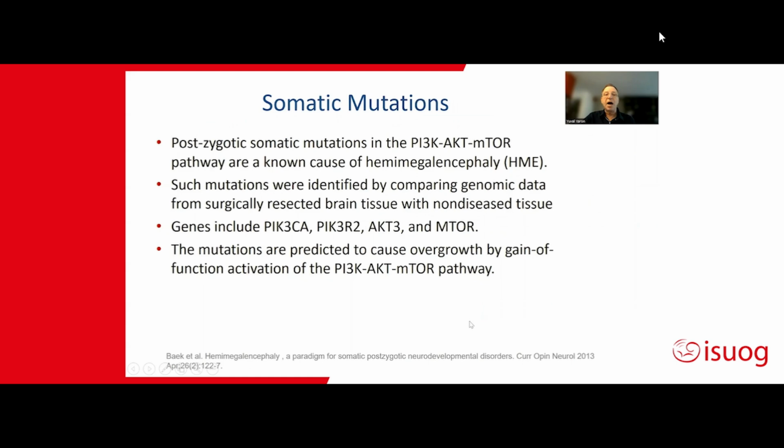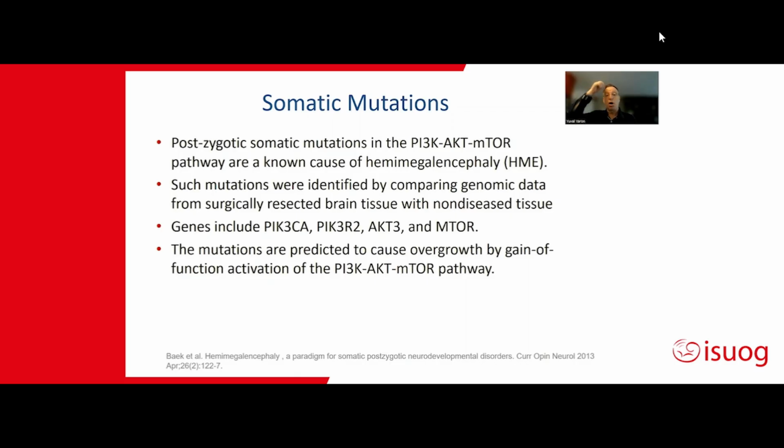Of course, it's important to recognize that we detect only about 40 to 50% of cases with such severe brain abnormalities, because we usually do the analysis on fetal blood or amniocentesis samples. But it's important to keep in mind that a lot of cases may be caused by somatic mutations, and these are post-zygotic somatic mutations. For instance, in our case, we found this PIK3, the mTOR pathway mutation.